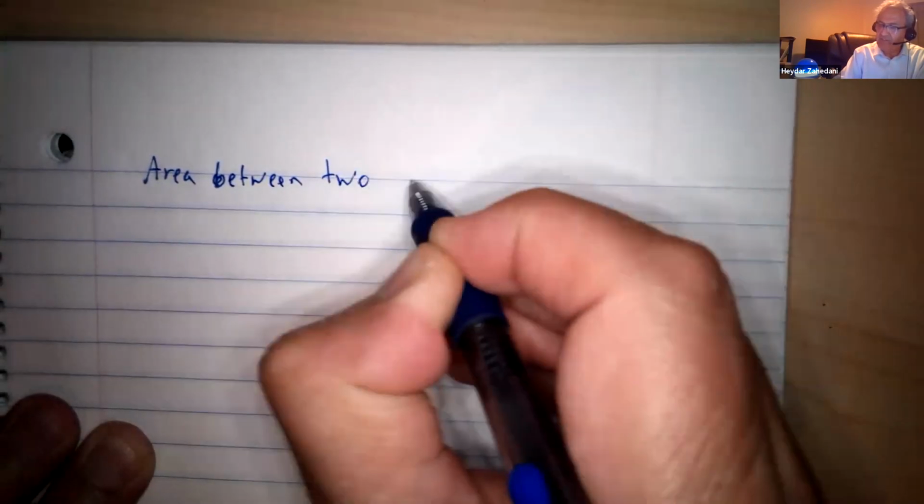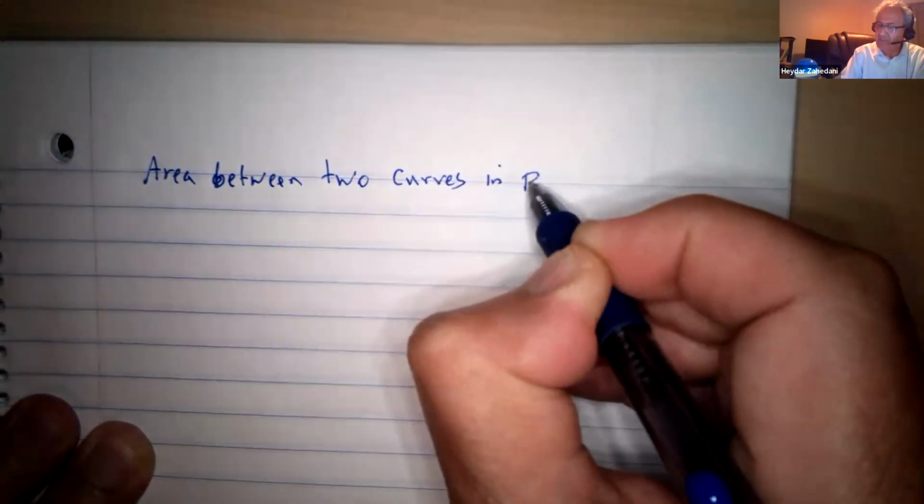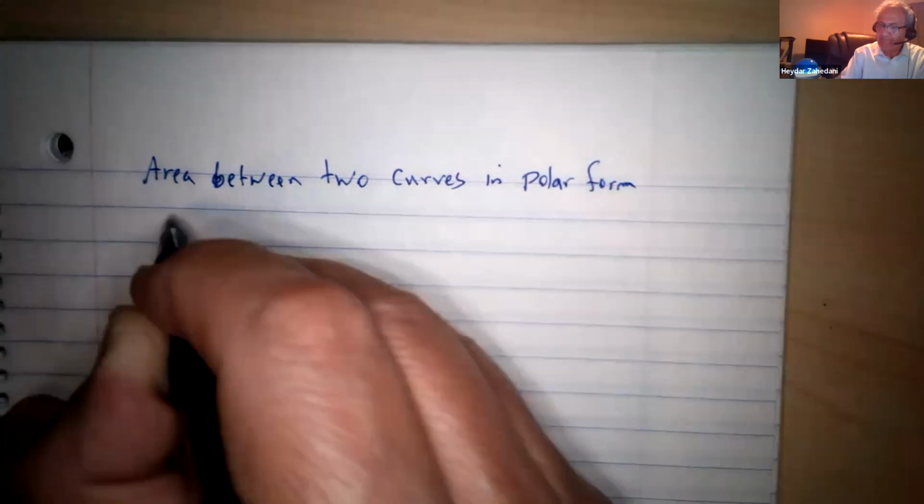So what's going to be the area between two curves? This is going to be the area of a region, the area between two curves in polar form, or polar coordinates.